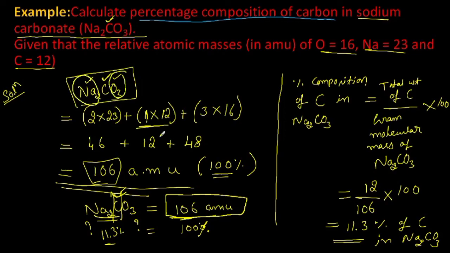So please try it, and if you didn't get it, watch this video again and again and try to solve yourself by taking many examples such as magnesium chloride, or earlier that is sulfuric acid, or potassium carbonate. So any examples. So now I think you have understood this concept.